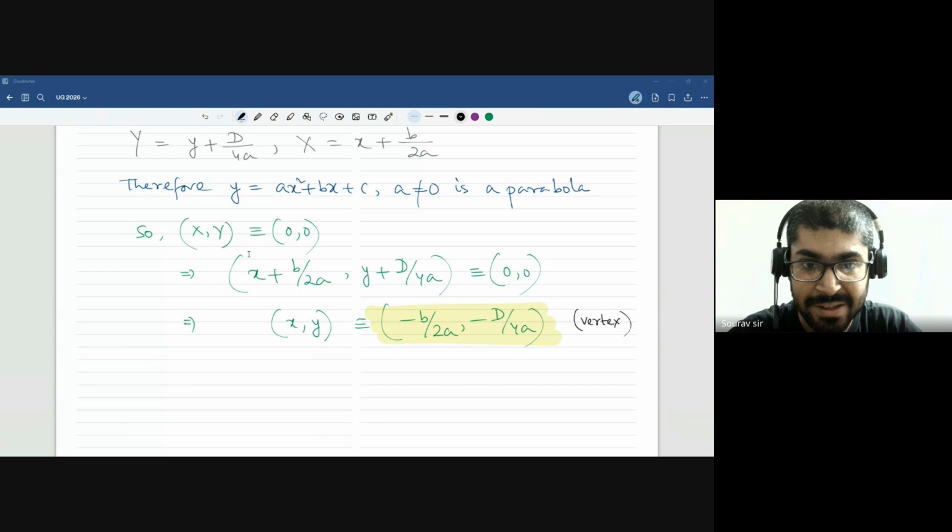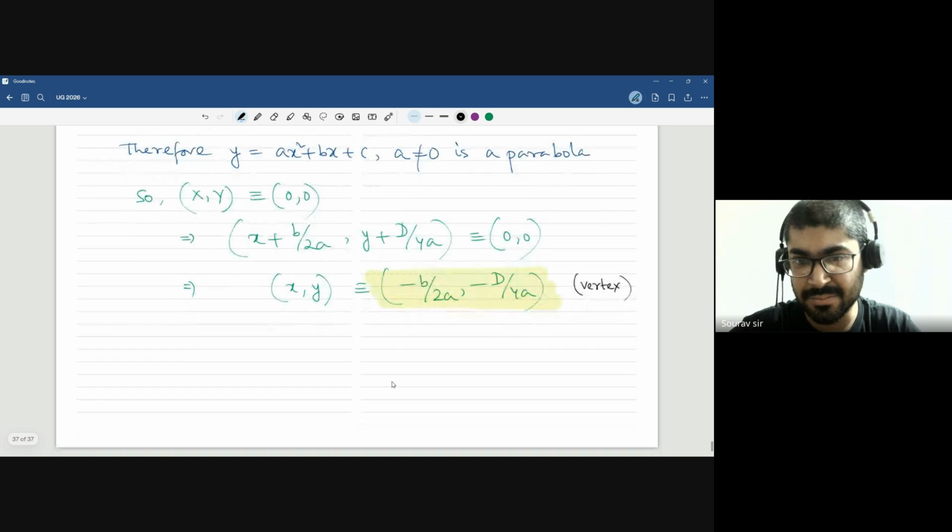So the first case will be the parabola intersects the x-axis in two real and distinct points. So how will it look like? Let me give you the diagram directly, so that you don't need to draw it yourself.